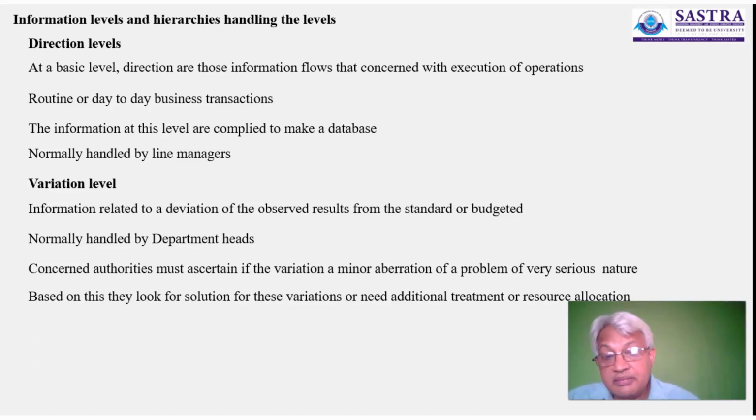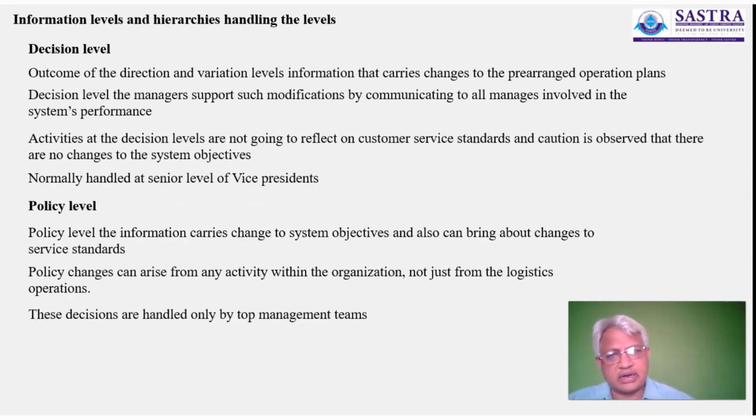If it is serious, they have to report it to the higher authorities and may even seek their support in terms of additional resource allocation for rectifying the serious variation or deviation. If it's a minor one, then they can look for solutions and resolve it quickly.